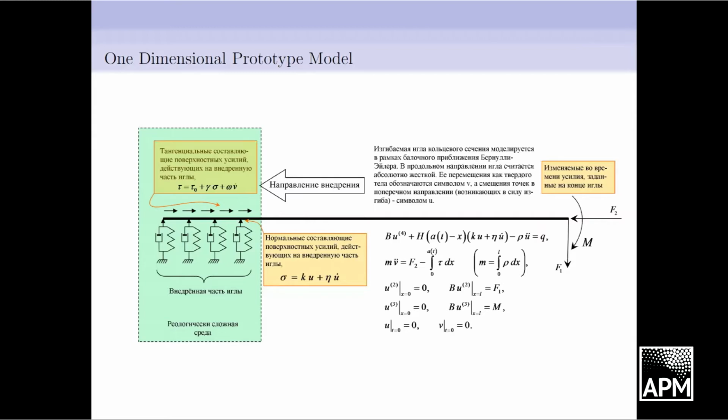And the left end penetrates into a rheological media, and in this media some compression stresses appear due to its viscoelastic properties, and some resistance is applied on the part of the beam that penetrates into the rheological system.